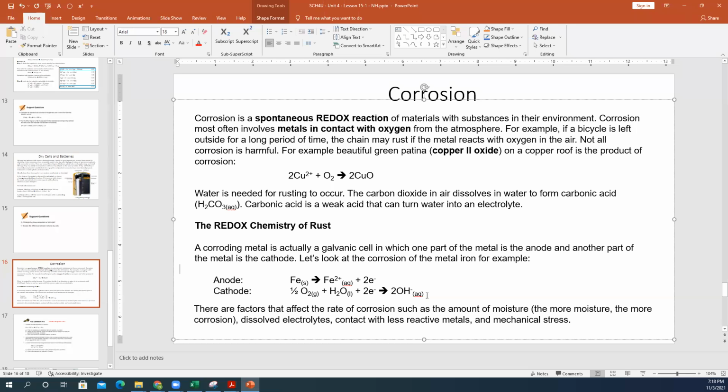If you have contact with a less reactive metal, that again produces conditions very much like a galvanic cell and affects the rate of corrosion. And in places where you have mechanical stress, for example where a piece of metal has been bent or pinched, those are often the spots where rust and corrosion will start to take hold.